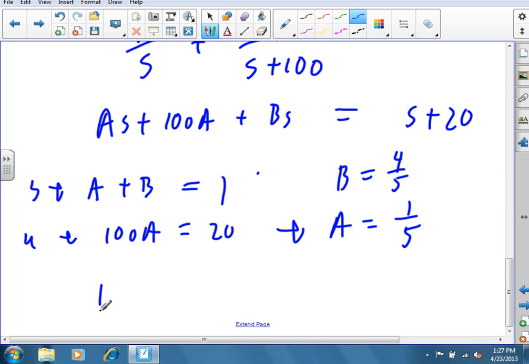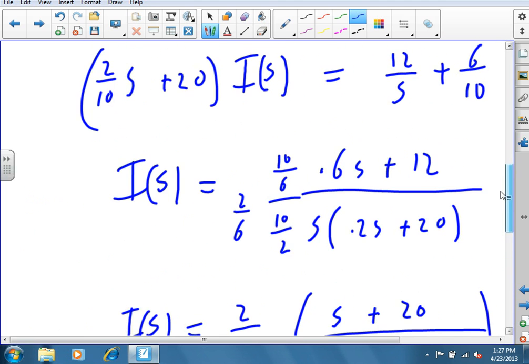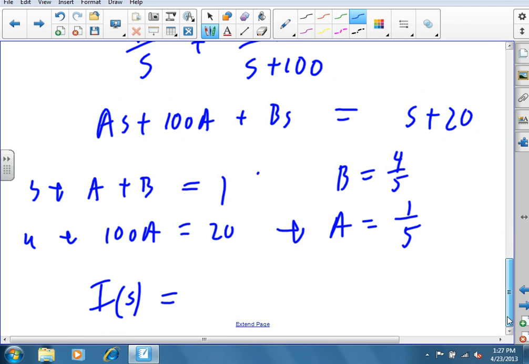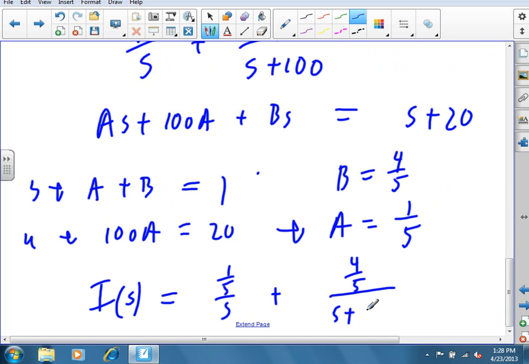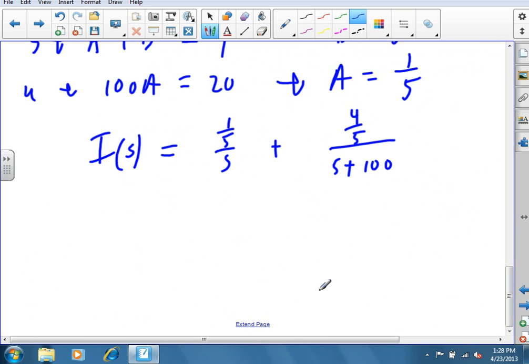So I've got I of S equals 1/5 over S plus 4/5 over S plus 100. Alright, so now I'm going to do the inverse Laplace transform.